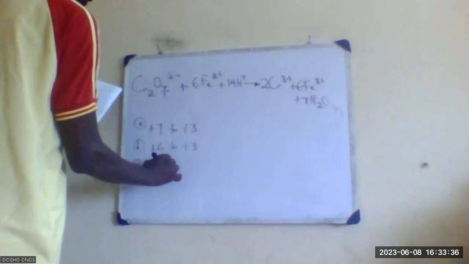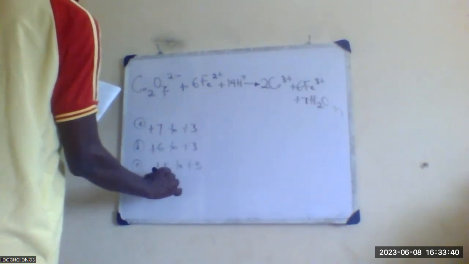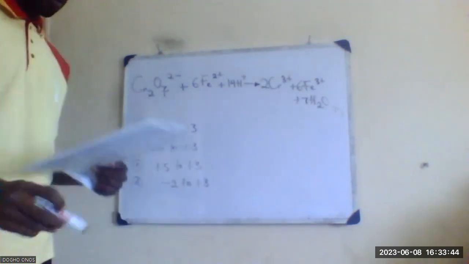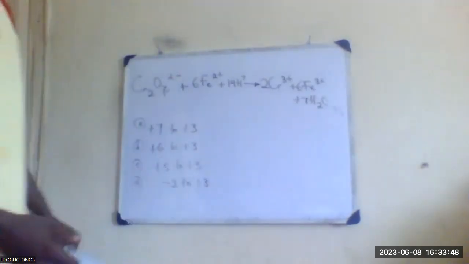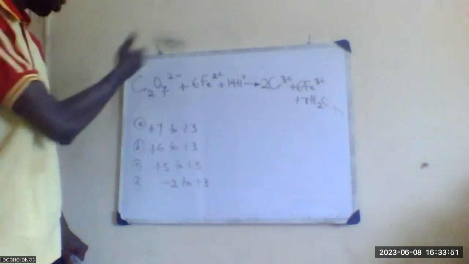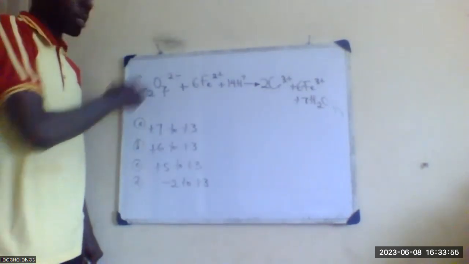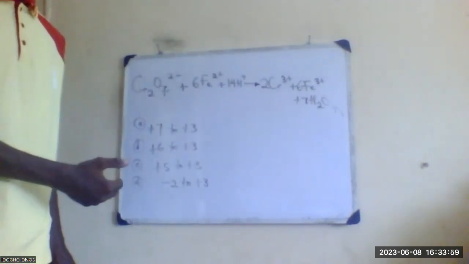C, +5 to +3. And D, -2 to +3. So that means we have to look for the change in oxidation number of chromium in this compound, then also find that of chromium and tell us what it is changing to.